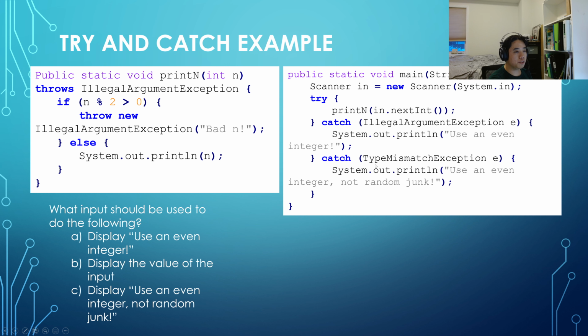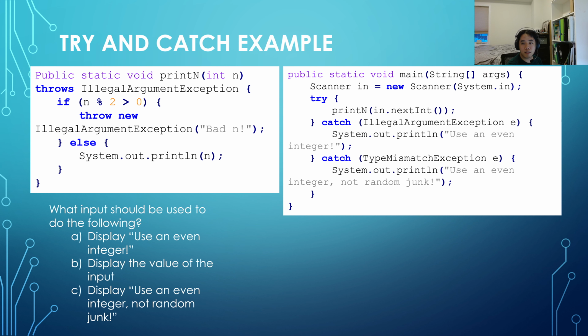We also want to catch another exception, which is when there is a type mismatch, which means when we have an input that is not an integer, so I could just say "use an even integer, not random junk." Which actually makes sense. If you just put in random junk in the inputs, you're going to get complaints.